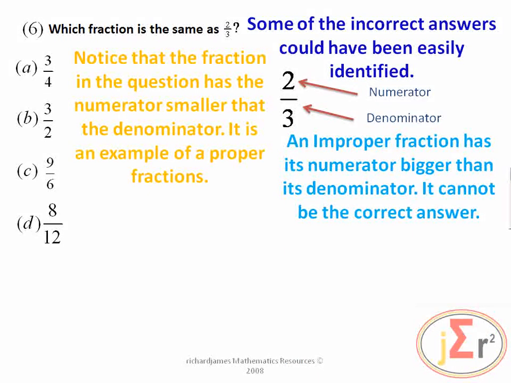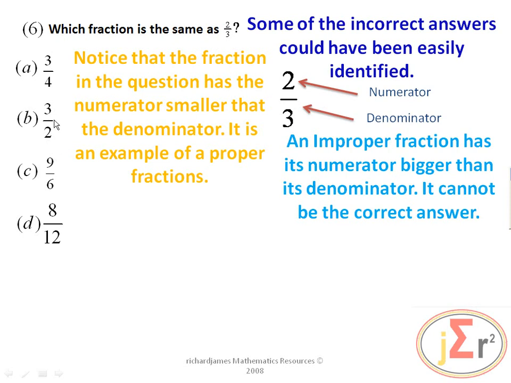An improper fraction has its numerator bigger than its denominator, or greater or larger than the denominator. It cannot be the correct answer. Therefore, if your problem has a proper fraction and the options contain improper fractions, then the improper fractions cannot be correct.